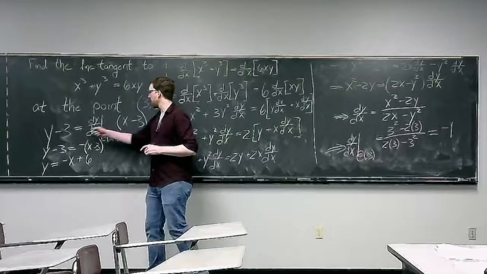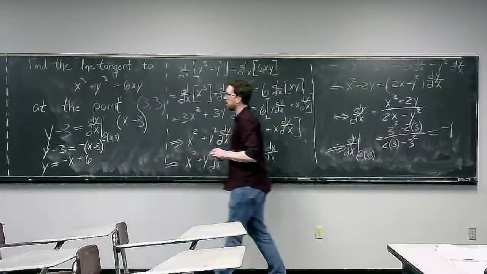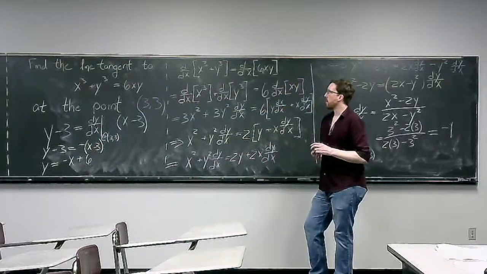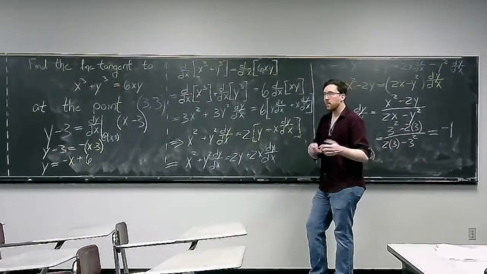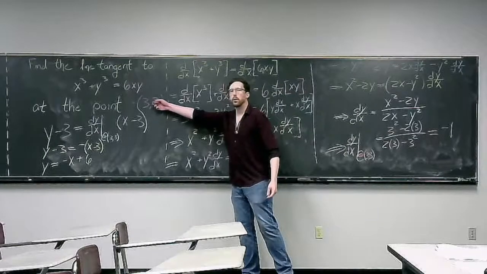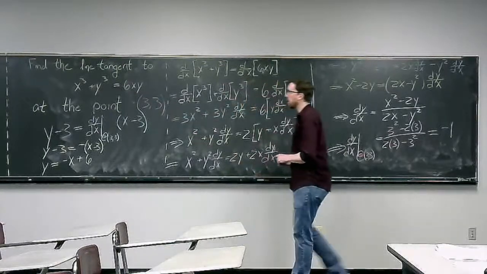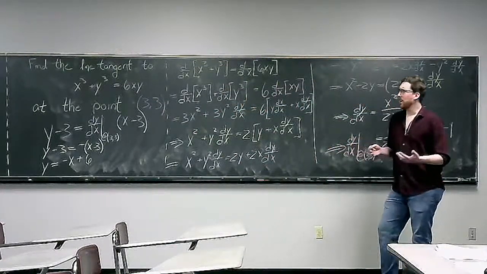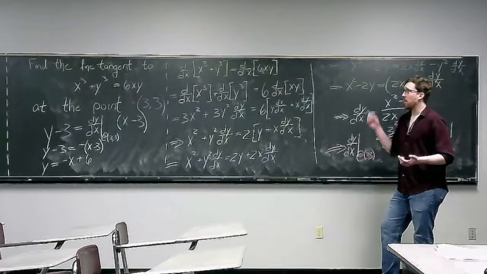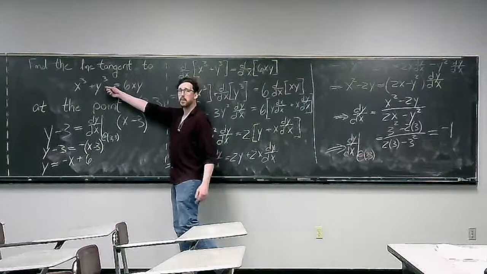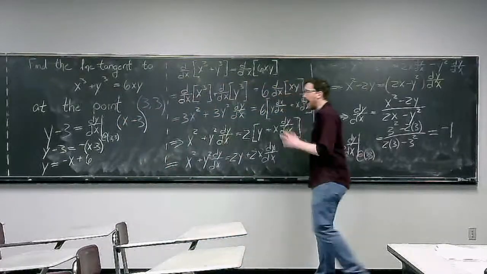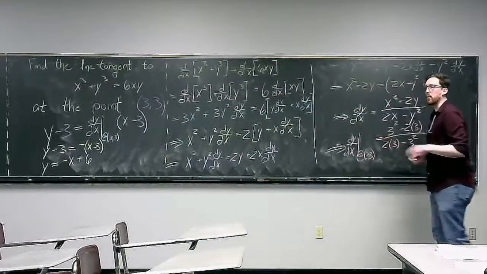That's what's in blue right here, where the point (x naught, y naught) is just the given point, right? That's (3, 3) here. And the slope is the derivative of our equation. That's what's in pink up here, at that given point.